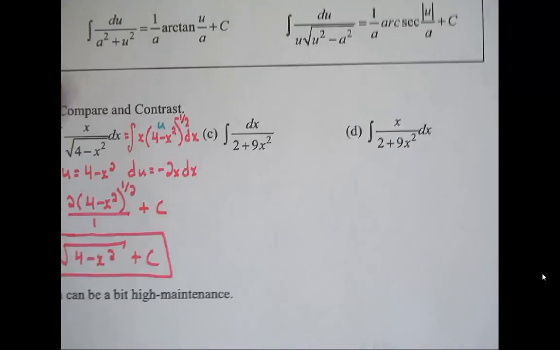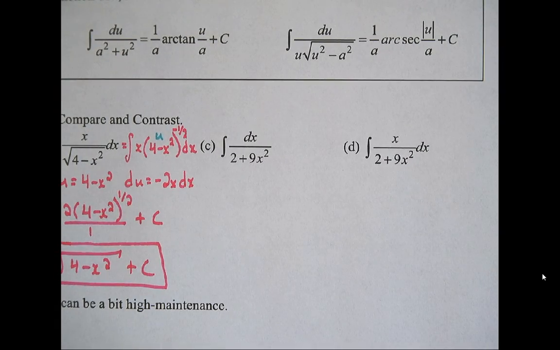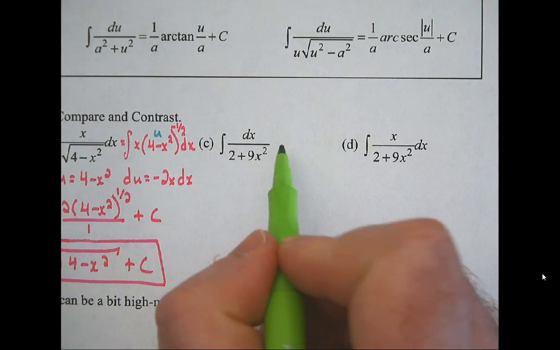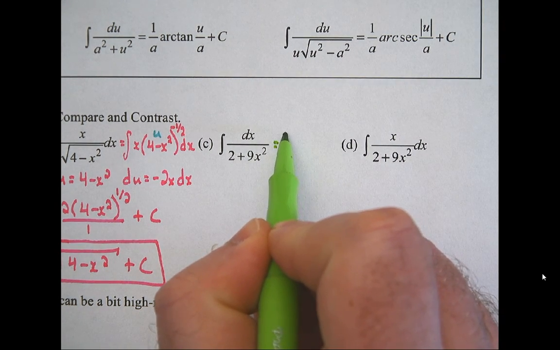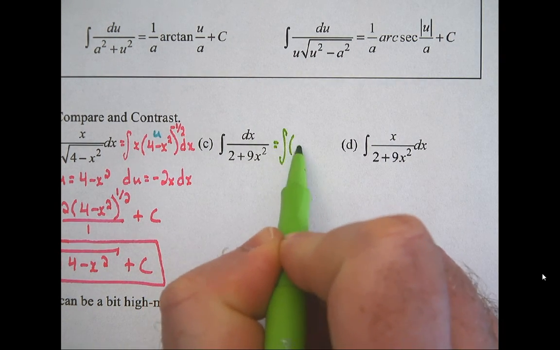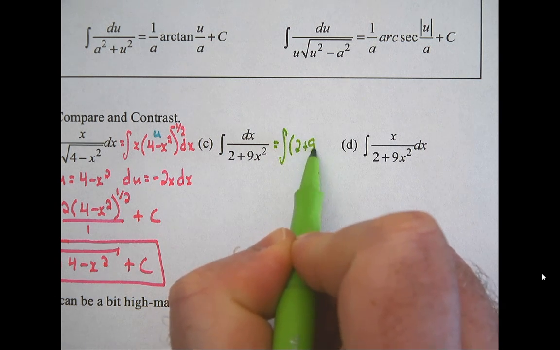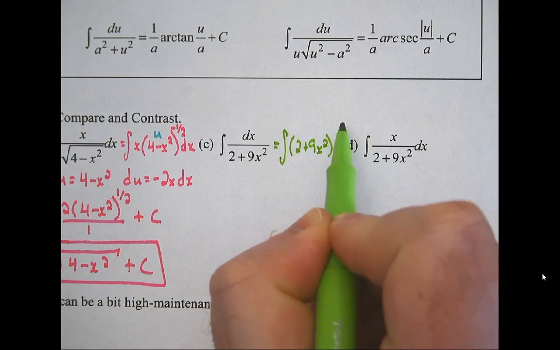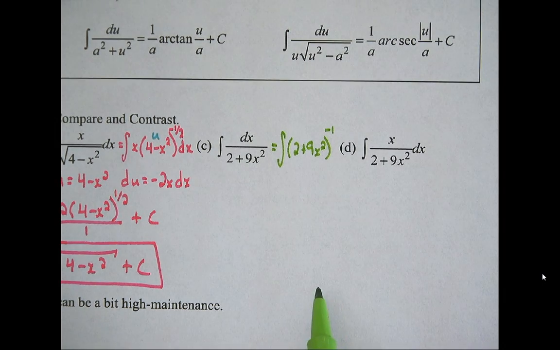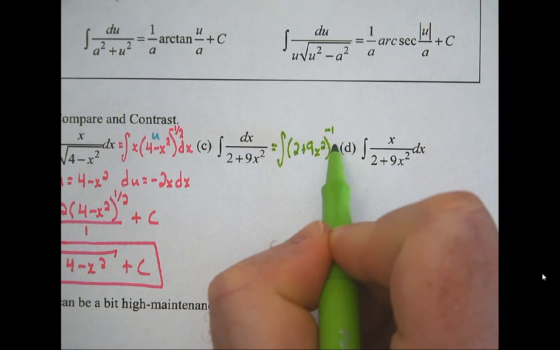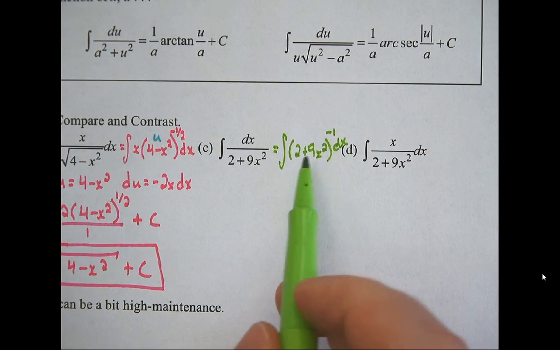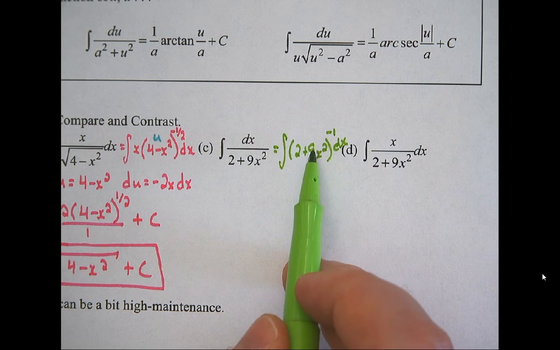All right, look at the next one. Here we go again. I'm going to try to rewrite to see if I can find myself a shortcut. So this is the same as the integral of 2 plus 9x squared to the negative 1, because it was on the bottom, dx. When I u-du this, my du is going to have an 18x.